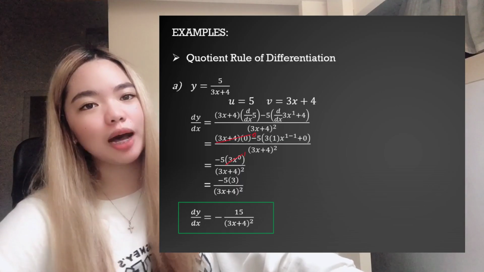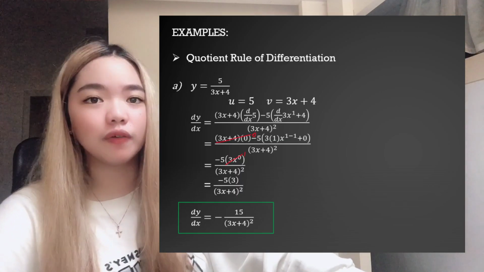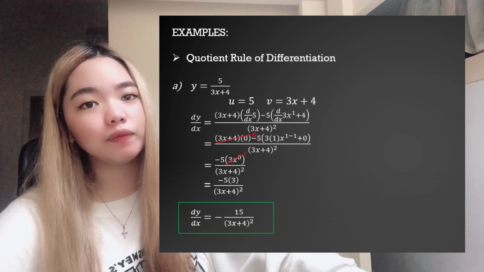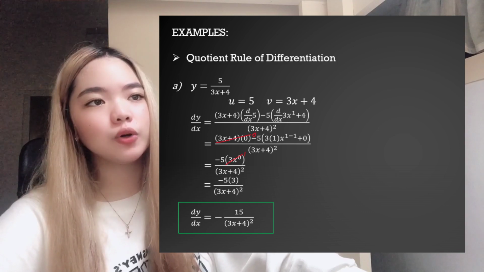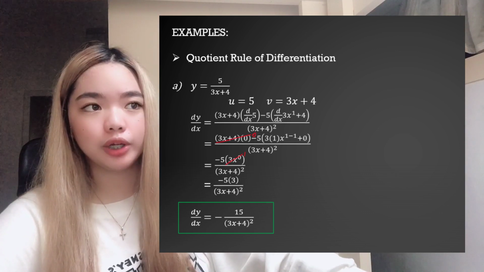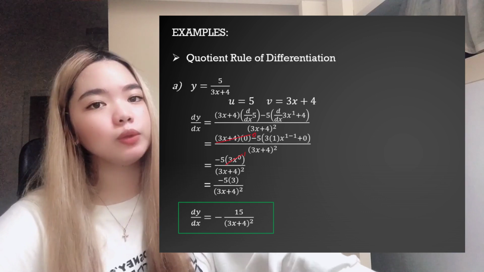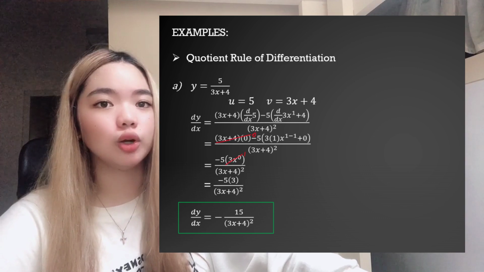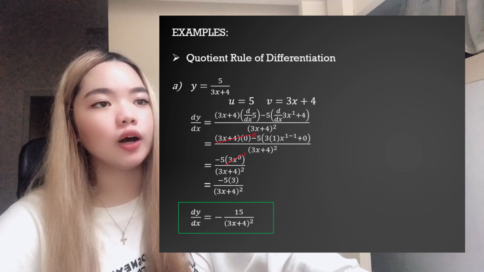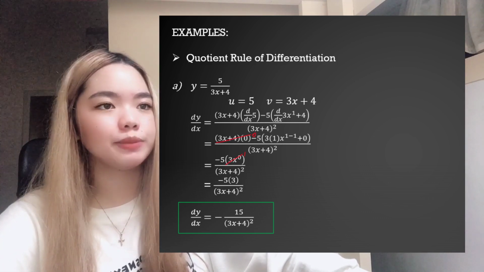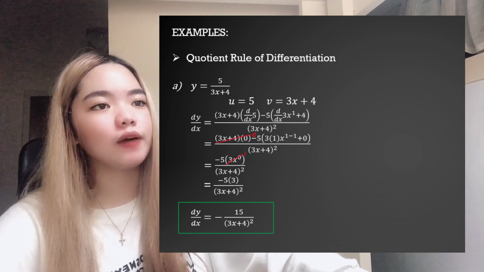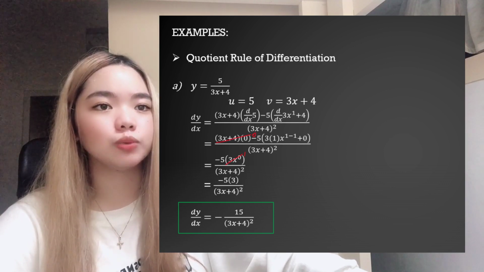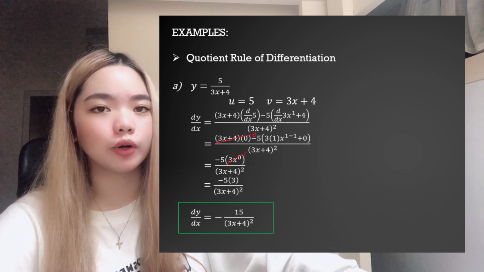For the last example, we have the quotient rule of differentiation. We have this example, y equals 5 all over 3x plus 4. Applying our quotient rule of differentiation, we have this derivative. Then we just have to use the formula using the values, which gives this equation all over 3x plus 4. Following again the rules of differentiation, this becomes this one, and then we simplify it and it becomes negative 5 multiplied by 3x raised to 0, all over 3x plus 4 raised to 2.